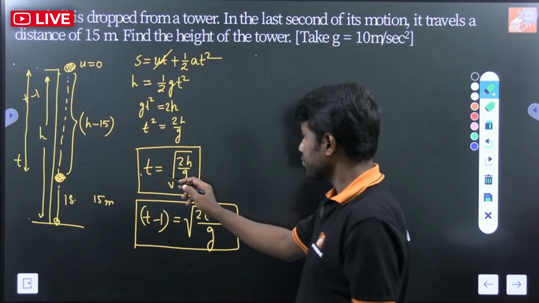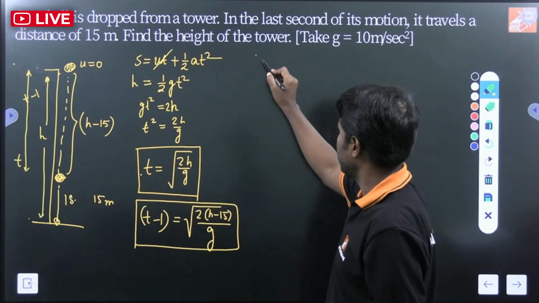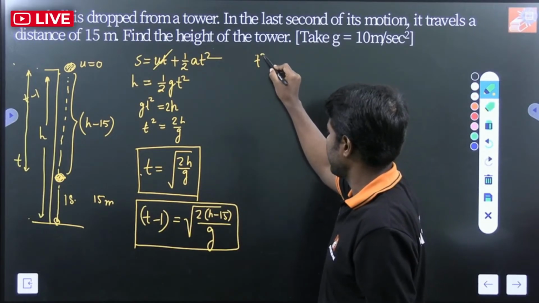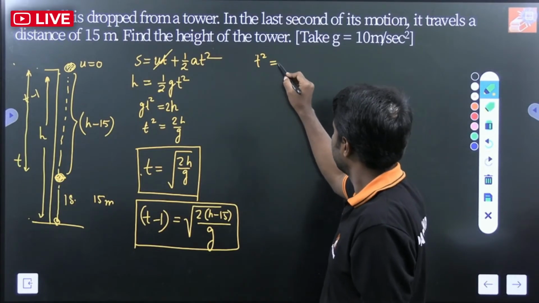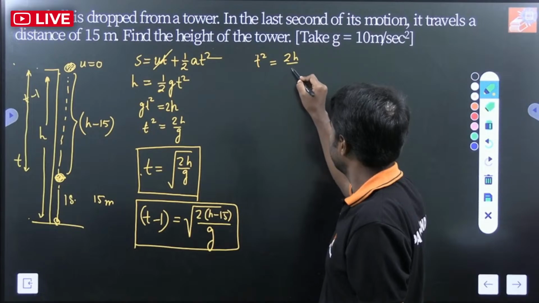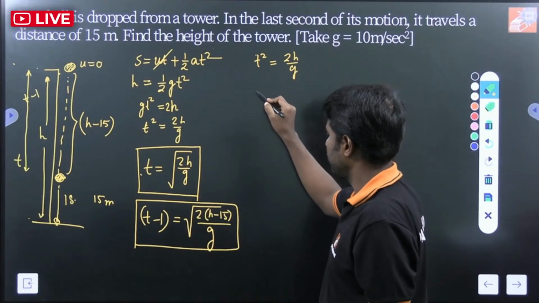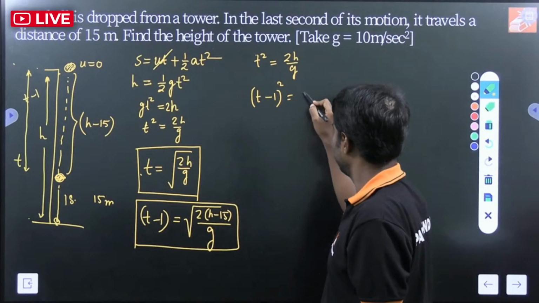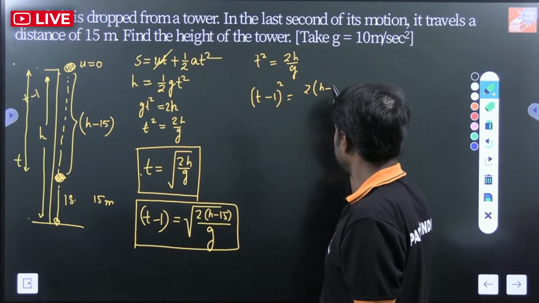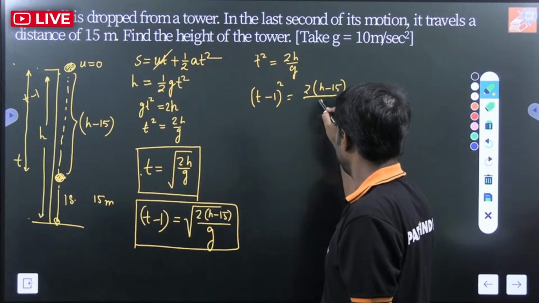If you take these two equations and square them, we get t square equals 2h by g, and t minus 1 square equals 2 into h minus 15 by g.